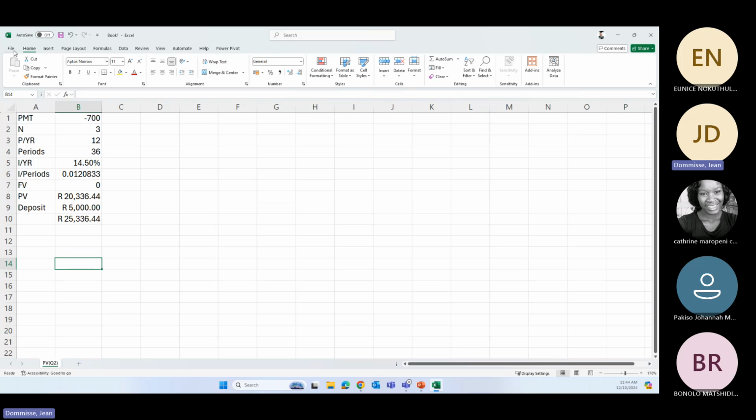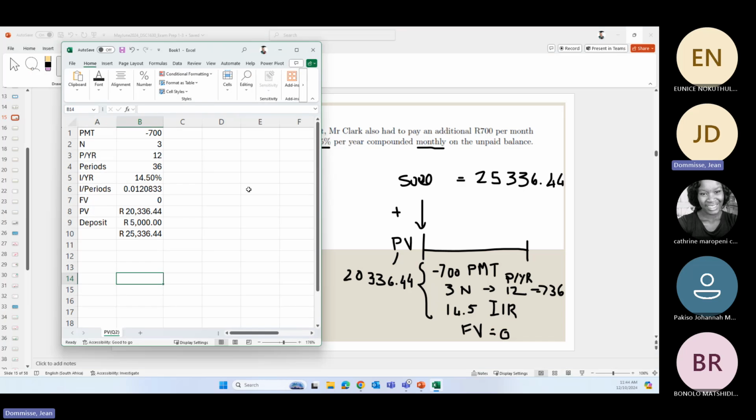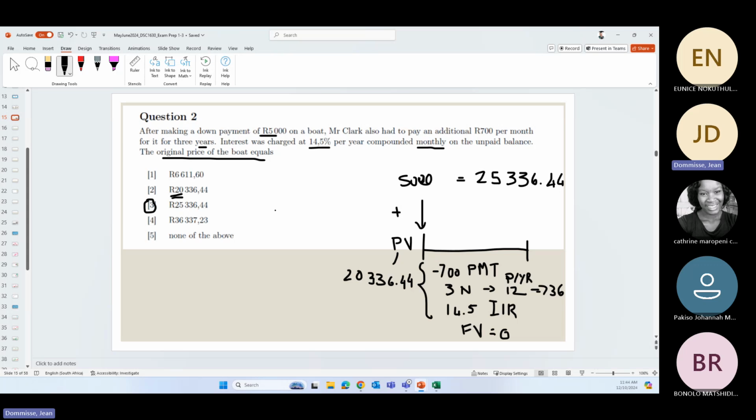I will share this spreadsheet with you today as well. Finally, my Excel is working again. So you can work it with the formulas or the calculator, and also with Excel.